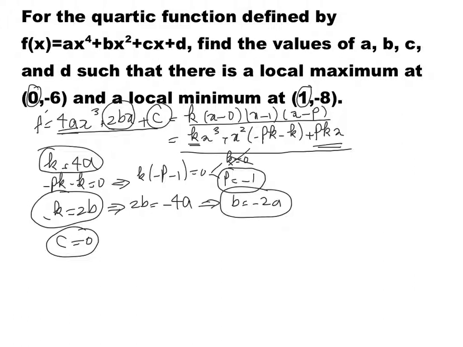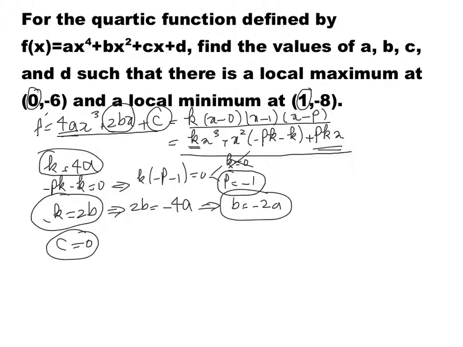So I can write that f of x is equal to ax to the 4 plus bx squared. B is negative 2a, so negative 2ax squared plus cx. C is 0, so cx is 0, plus d.